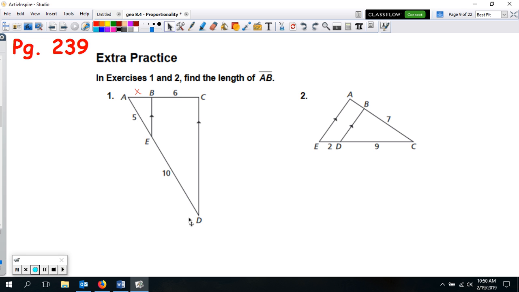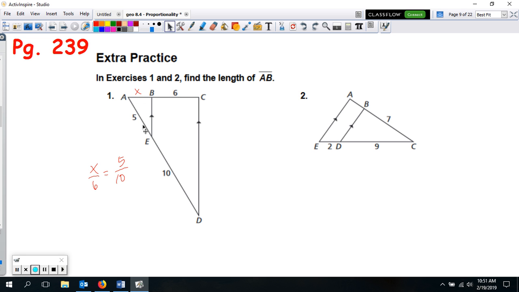So we can set up a proportion with x and 6 so that we can make a ratio out of that. So x over 6. We could start with that, making that ratio, and it's equal to 5 over 10. And here's where we've got to make sure we are consistent. My first fraction, my first ratio, comes from the same side of this triangle, and the second one comes from the same side. 5 and 10 are on the same side of that triangle as well. So that's consistent going this direction.